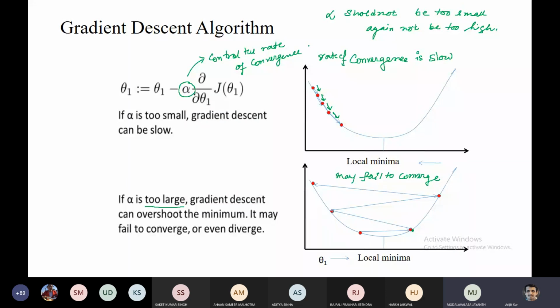But that doesn't mean a high alpha means it's a good learner. I never said this. What you are thinking is wrong, because making alpha large doesn't mean you are getting a good algorithm. The optimal value of alpha is important, not too high, not too small. Okay, all right, sir. Thank you.